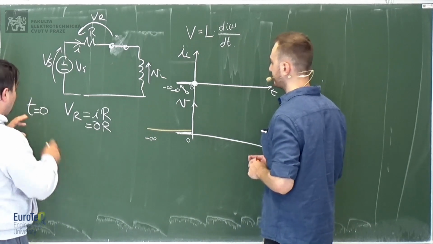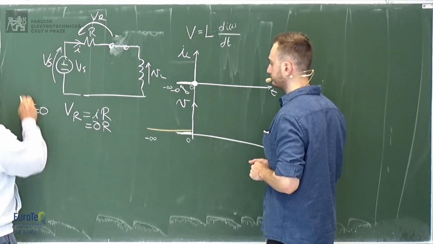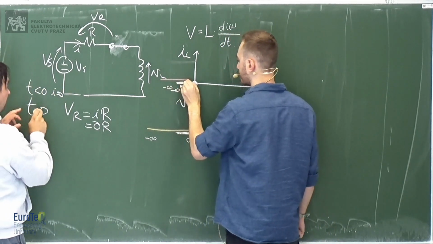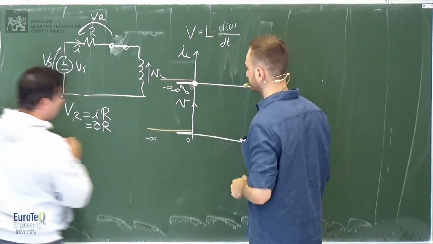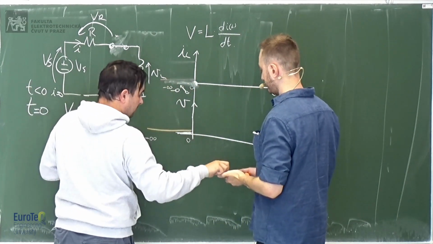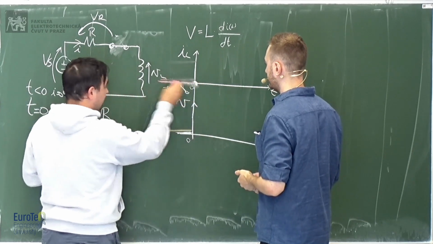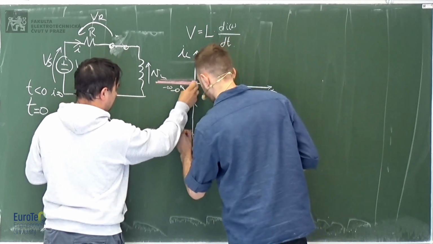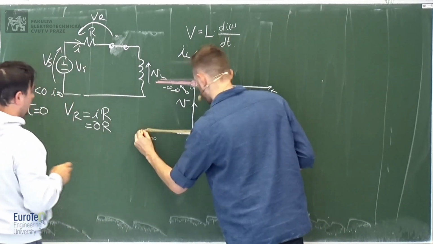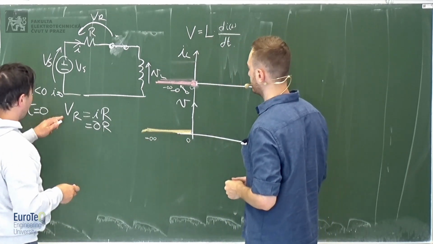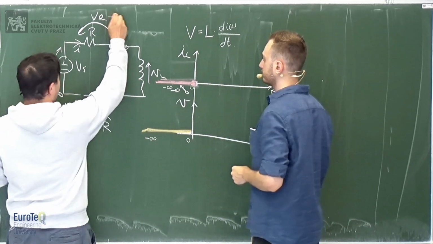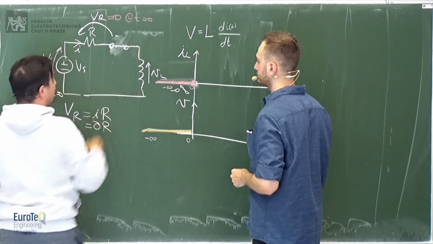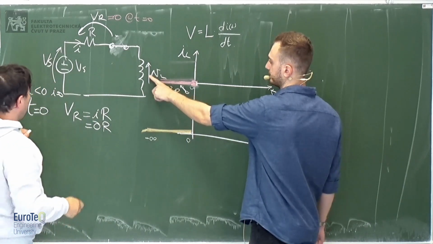So if the current for t equal to 0 is 0, then VR at t equals 0 is equal to 0, right? Now this is Vs.